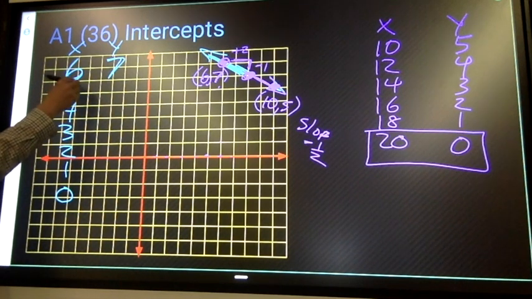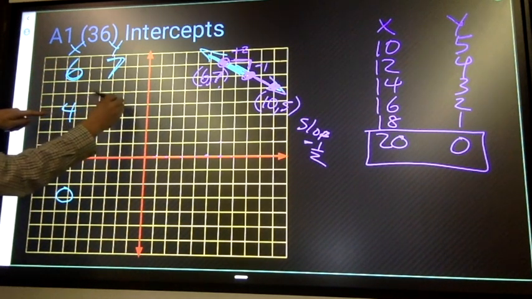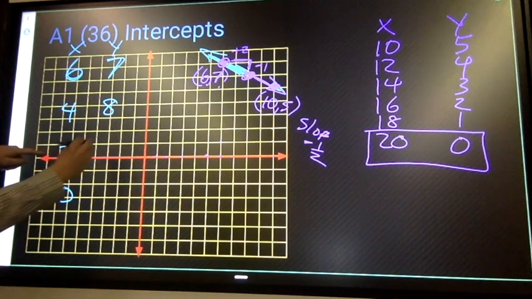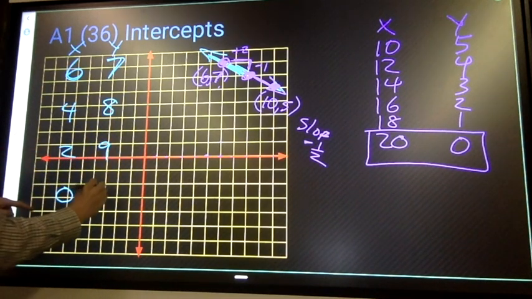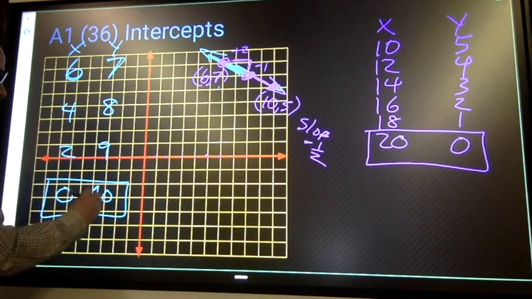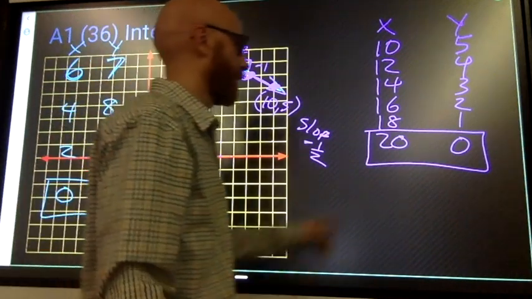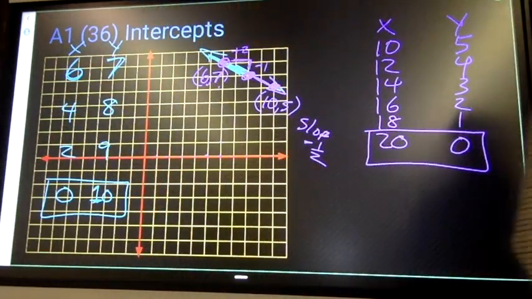So let me skip some of these. 6, 4, 2, 0. Backwards 2, up 1. Backwards 2, up 1. Backwards 2, up 1. 0, 10 is going to be my y-intercept. Hopefully that's the same thing that you got when you were using the equation if you did hit pause and try. All right, 20, 0, 0, 10.